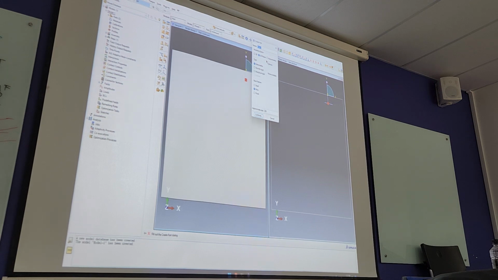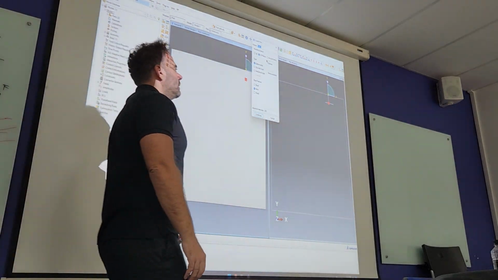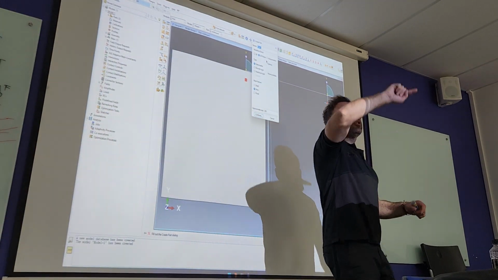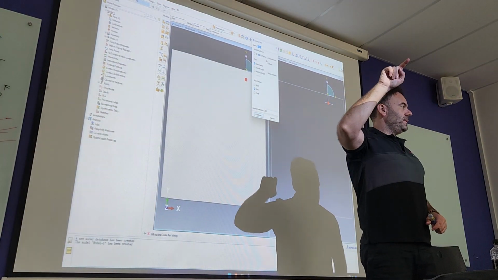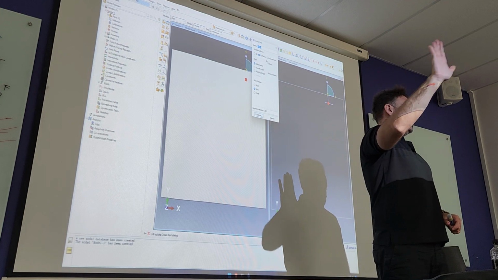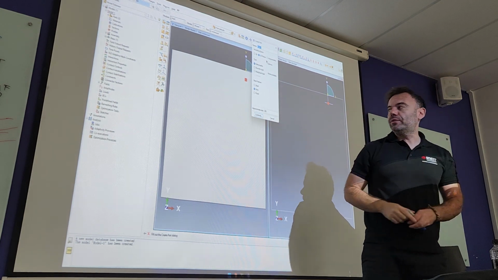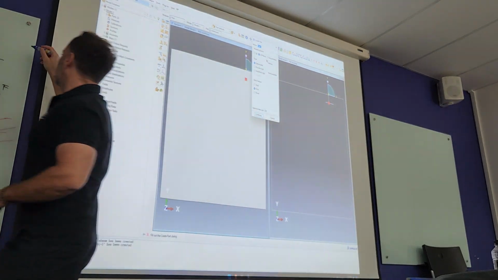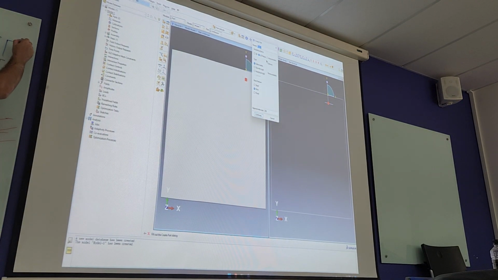So maybe when you're modeling the traffic light poles, and you've got a wind load that pushes on a traffic light. Your wind goes like that into the screen, pushes against that. This then needs to be a 3D beam structure.